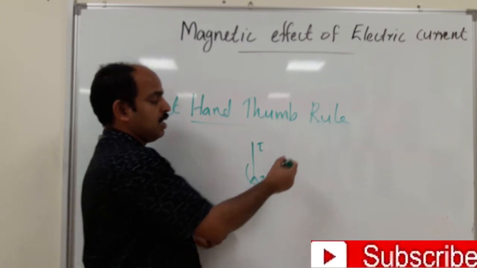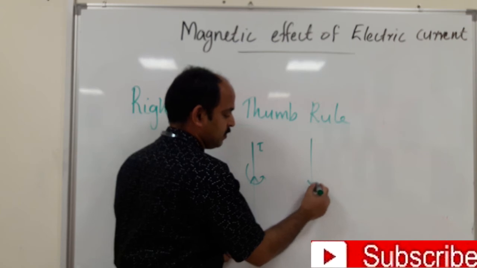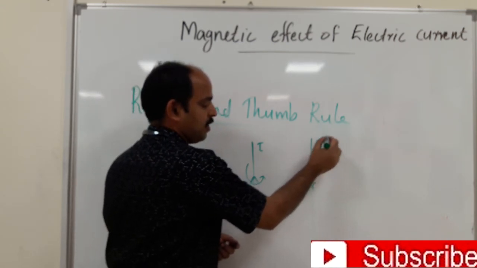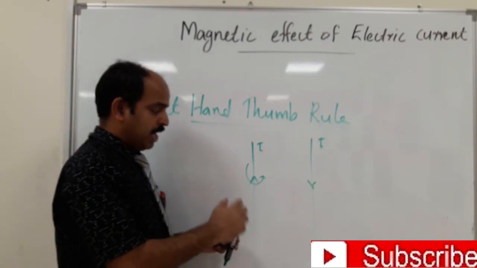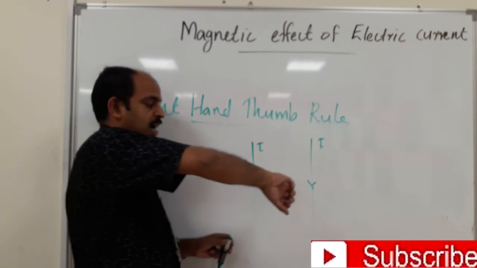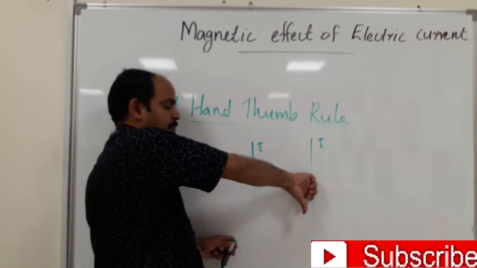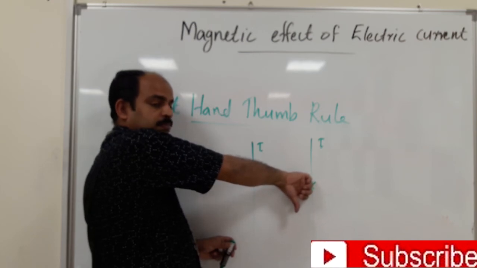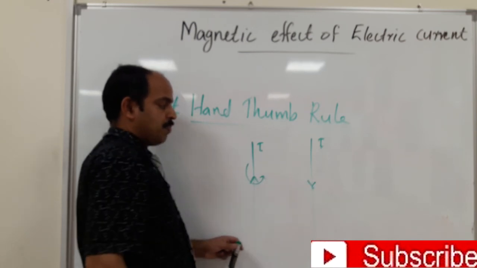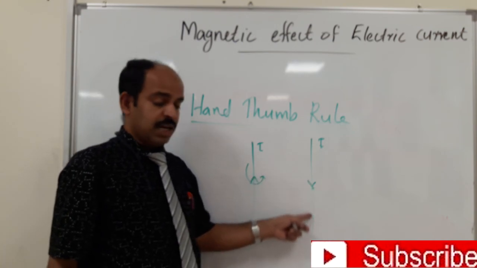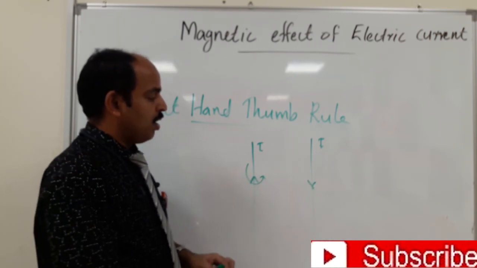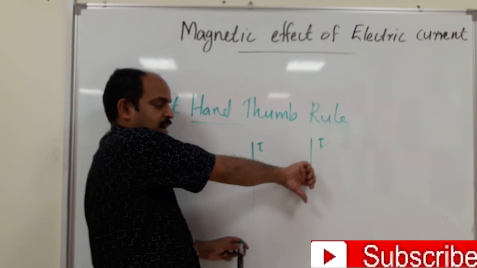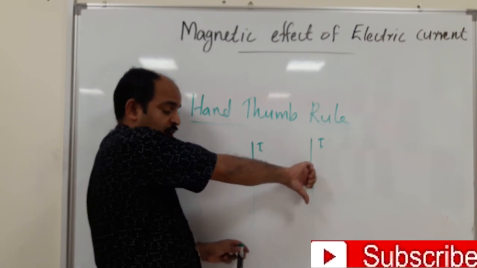Suppose the direction of current is like this. This is another case. Imagine holding the conductor in the right hand such that the thumb represents the direction of current.